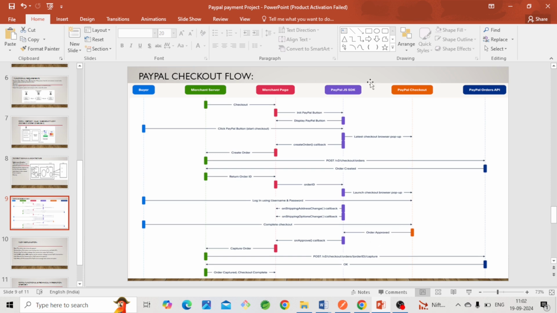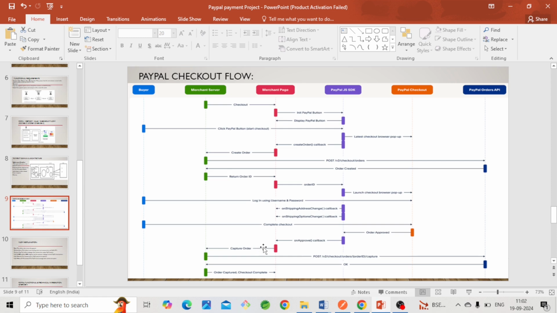The PayPal SDK library gives the onApprove callback to the merchant page, indicating successful approval of the payment by the buyer.